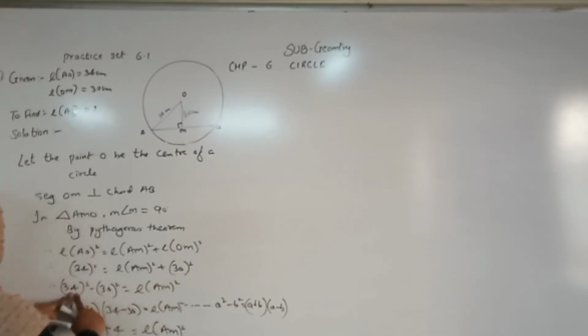So a plus b means 34 plus 30, that is 64. a minus b, that is 34 minus 30, that is 4.